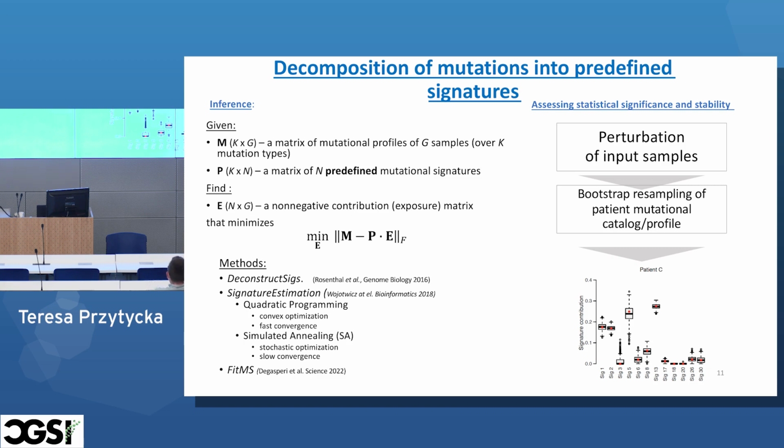how stable those signatures are. Here we use quadratic programming, which allows us to find the optimal decomposition into those signatures. We use bootstrapping to see how stable those signatures are. And you can see that some signatures are very stable, so after bootstrapping the distribution is not very broad.